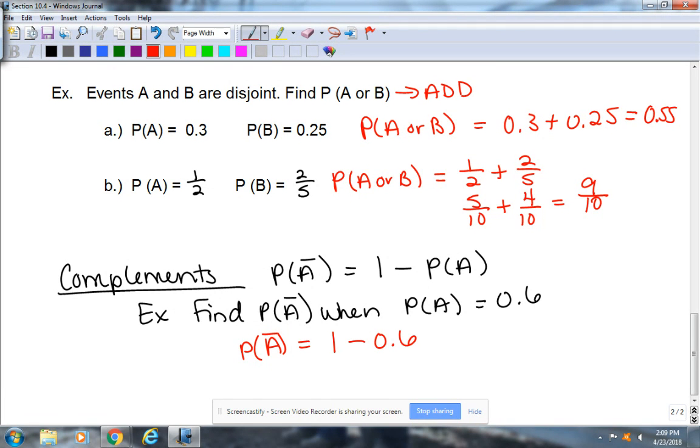And what is 1 minus 0.6? 0.4. So that means if I have something that has a 0.6 probability, I need something with a 0.4 probability to go with it to make 100%. Does that make sense? So when you're finding the complement, that's what you're finding. What goes with that number to make 1?